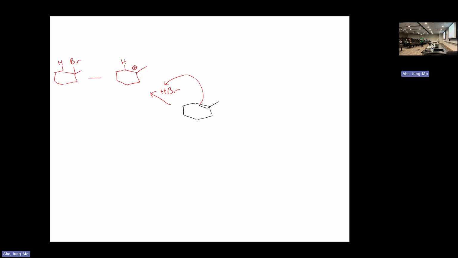And then the bromide captures the carbocation to make the HBr addition product. And this is a Markovnikov product. So in Markovnikov products, the electrophile goes to the less substituted carbon, and the nucleophile goes to the more substituted carbon.